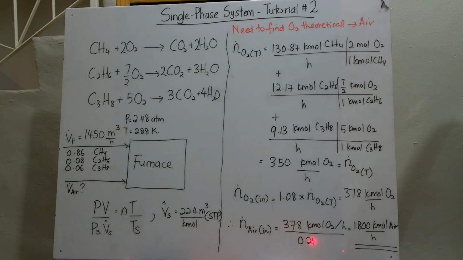So you use this equation, and you'll obtain the actual molar flow rate of air that goes into the process. However, we have to remember the question wants the volume, with the unit in meter cube per hour. So this is not our final answer yet.